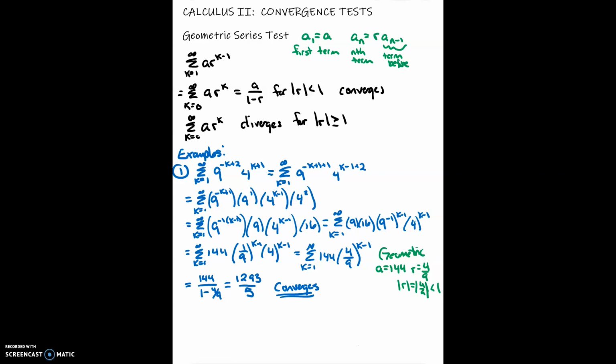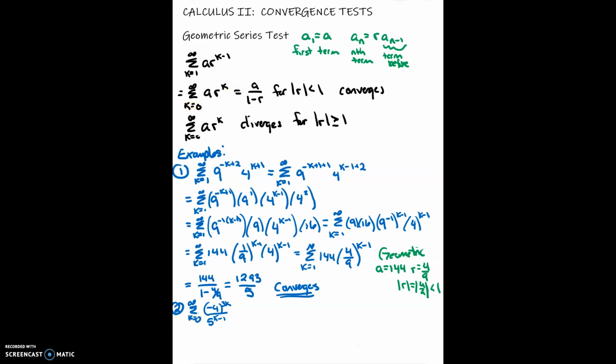Excellent. Let's try another example. Let's take the sum as k goes from 0 to infinity of -4 raised to the 3k over 5 to the k minus 1. You'll notice in this case I'm beginning at 0. If I go back and look at my original information, if I start at 0, then I want the exponent to be k, not k minus 1.